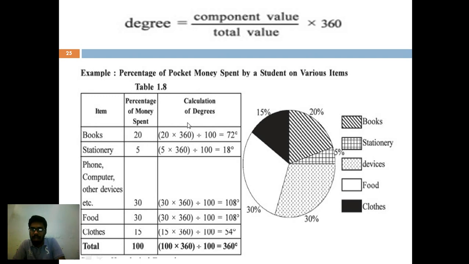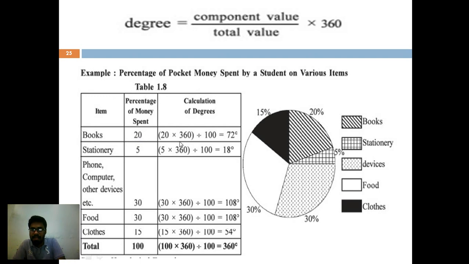Now, how are we going to calculate that? We have to find out the degree. The degrees will be in a particular percentage of 360 degrees. We have to divide the whole circle. Then what will be the answer? We have to use this formula: component value divided by total value into 360. Now, what is the total value? The total value is 100. Among that, we have spent 20 rupees for the books.